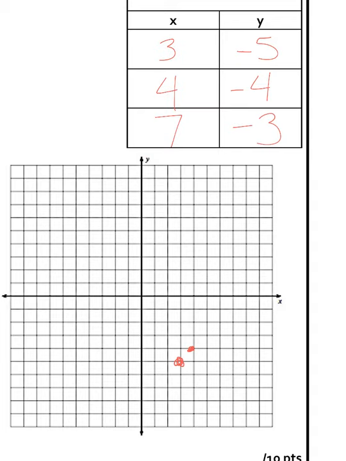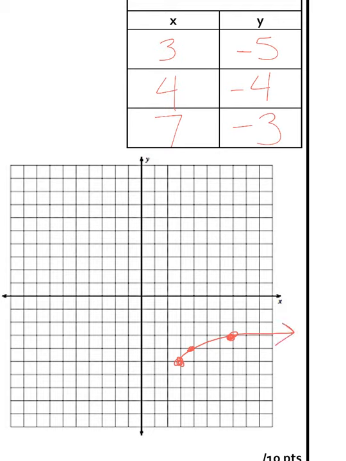And then 7, -3 is here. Okay, get those 3 points graphed. I would also recommend hitting the graph key at this point so you can make sure that your points are in the same spot as the ones that are on the graph. Okay, and you can see the shape pretty well from there.